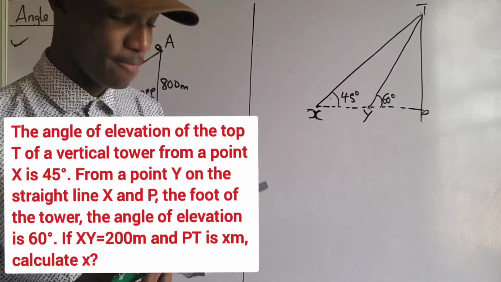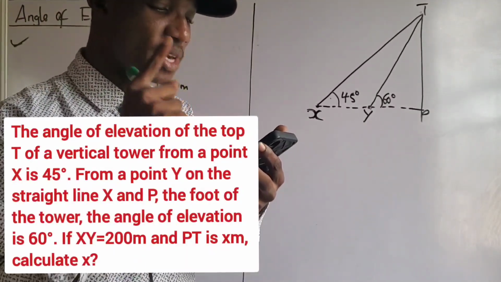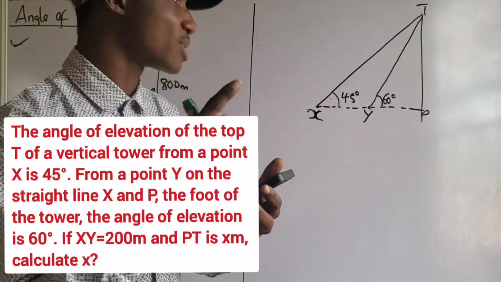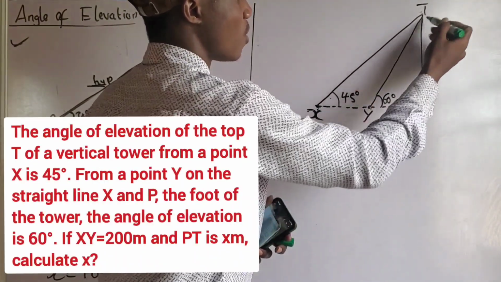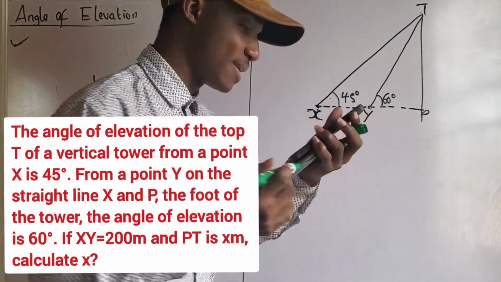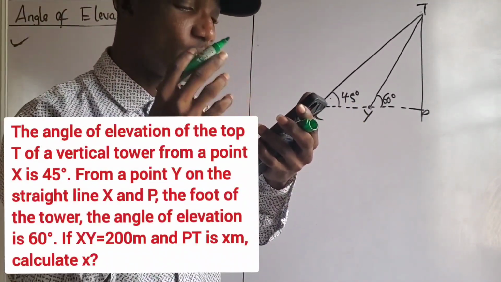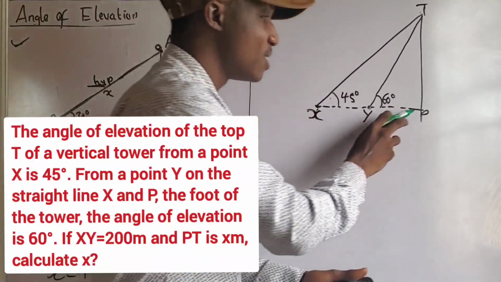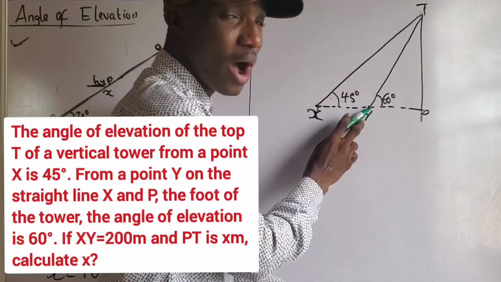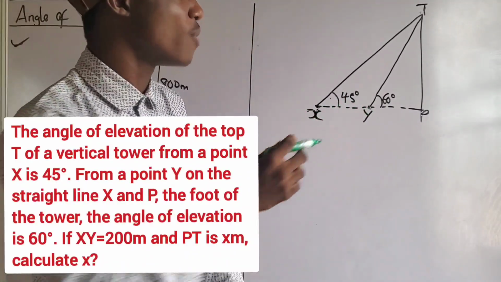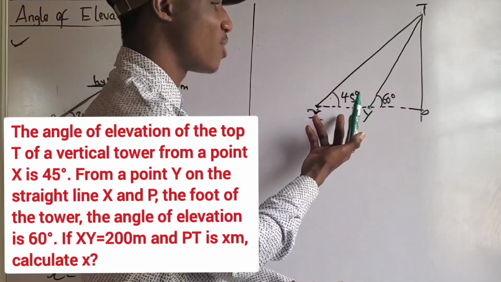The angle of elevation of the top T of the tower from point X is 45 degrees. From a point Y on the straight line XP, the foot of the tower, the angle of elevation of the top T is 60 degrees. That is the question, and that is how I got this diagram.